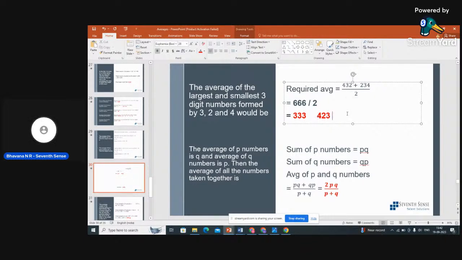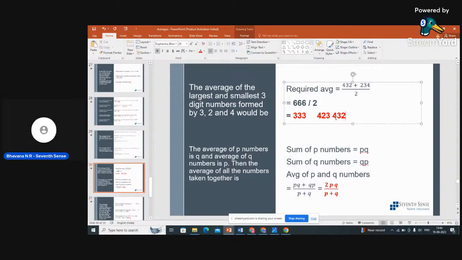We can write them in only a few ways, like 423 and 432, and we need to analyze which is the highest.